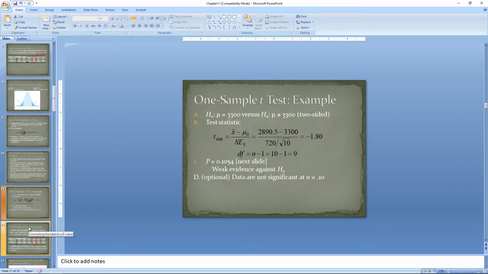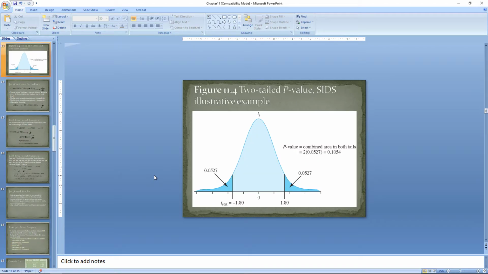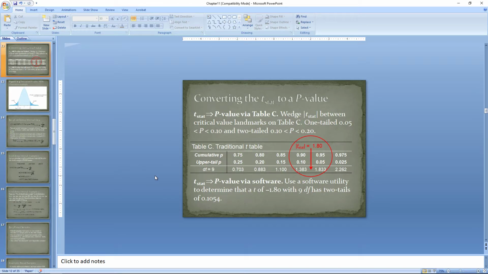You can actually use calculators, but when we're doing it without calculators, we're going to have to draw these little conclusions, and the majority of the time I'll have you land on a value and not make too big of an assumption between it. But as you look this up, it falls between, and if you actually use data software, you'll get your 0.1054 for two tails with 9 degrees of freedom. So you can't reject the null hypothesis.